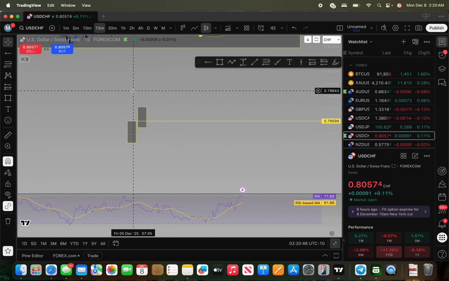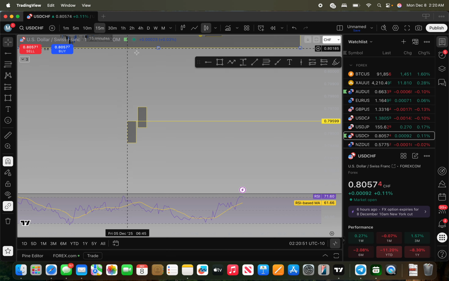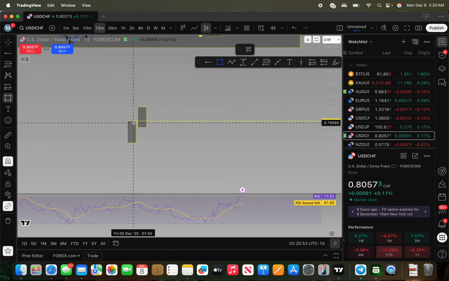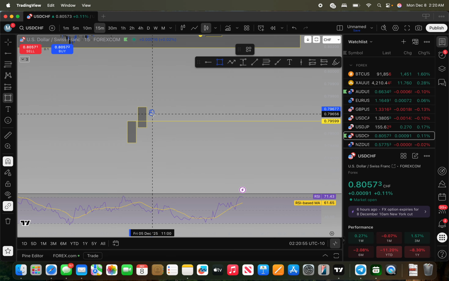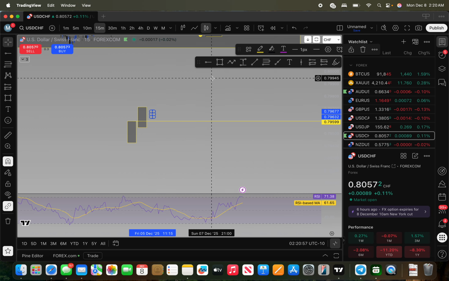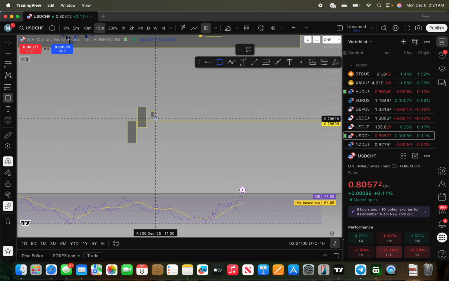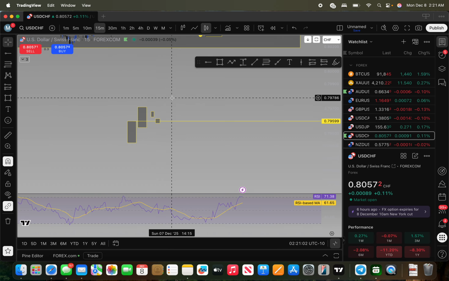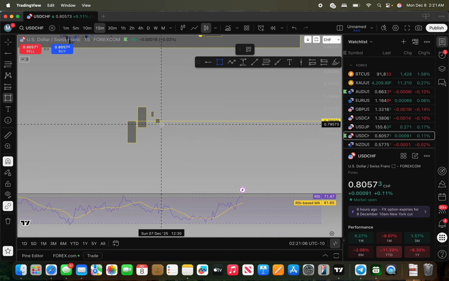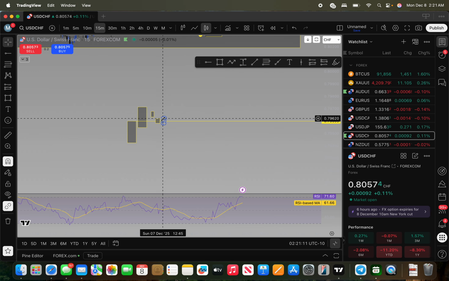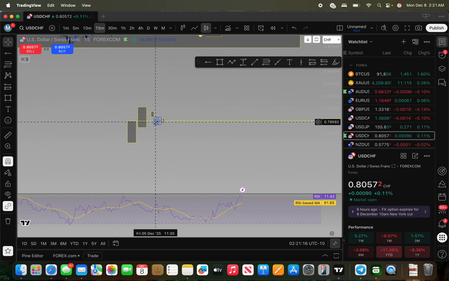Mark down the POI, set an alarm, and then on the third day you go down to a 15-minute, and the candle needs to go and get accepted down below, like that, and then push up past the previous candle above the POI.